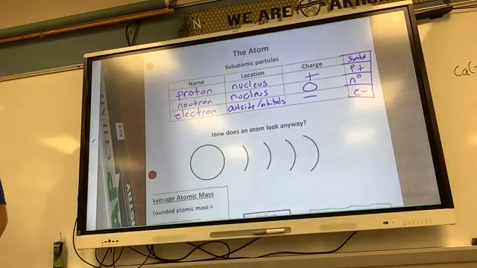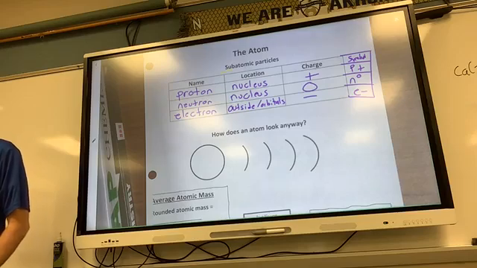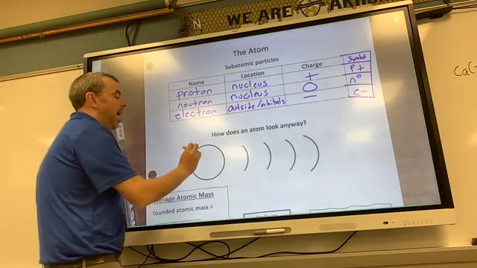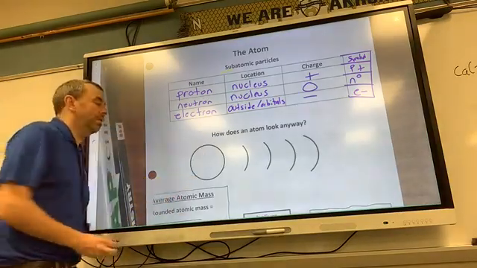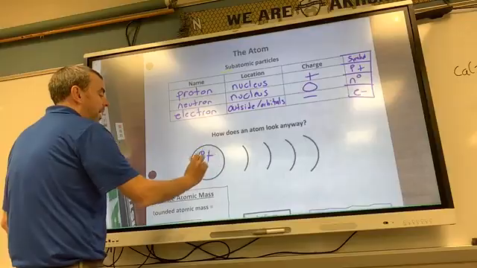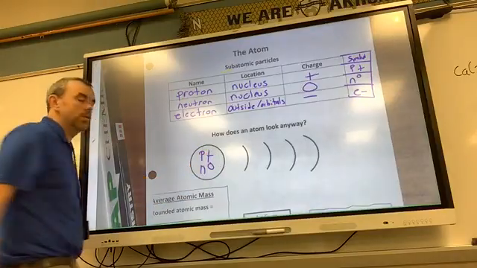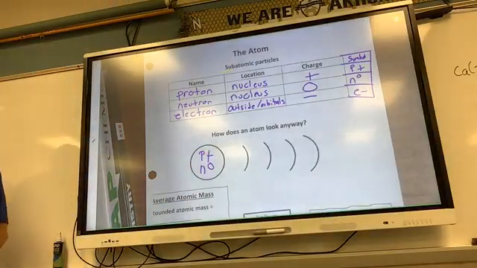Okay, so if we were going to draw these, which you're going to be drawing a couple of today, how does this look? In the nucleus, I have my protons and my neutrons. I would write how many protons, how many neutrons, and then I've got 4 rings.